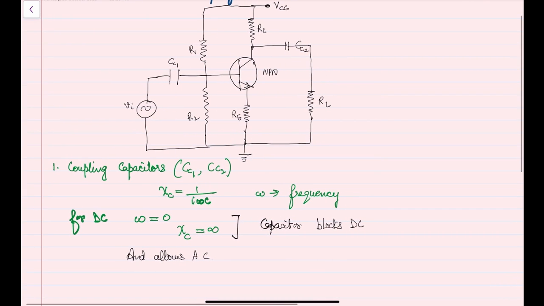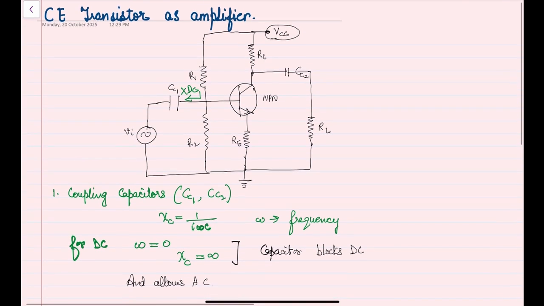So this is why CC1 ensures that the DC from the biasing circuit, where we have provided VCC, so there will be a DC component, is blocked from going to the input signal, and it allows the AC to pass through.